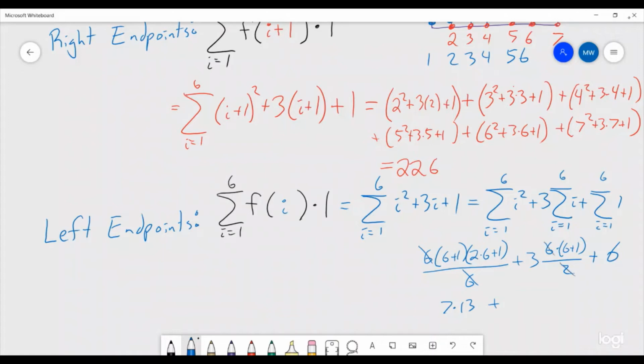Let's see, 3 times 3 is 9, so 9 times 7, plus 6. We add all of those up: we got 91 plus 63 plus 6. 63 and 6, that's 69, plus 91, that becomes 160. So the left endpoint approximation is 160, and the right endpoint approximation is 226. So our next question is, how would we find the exact area?